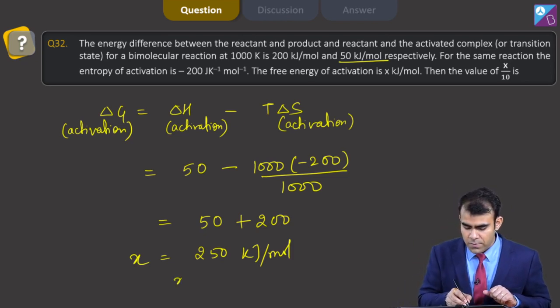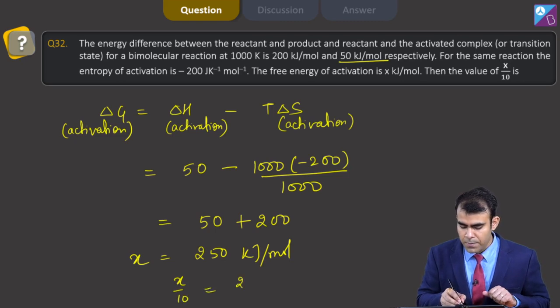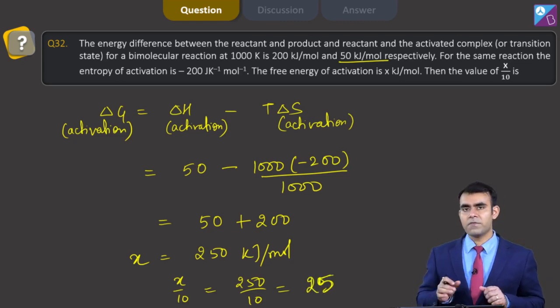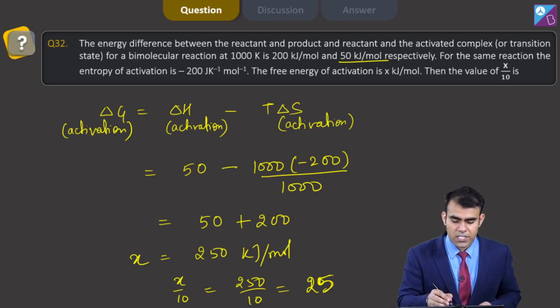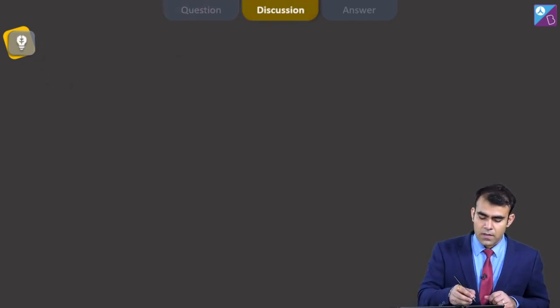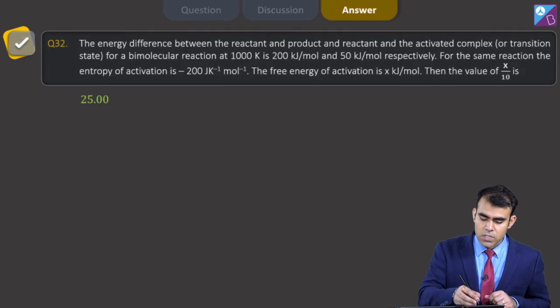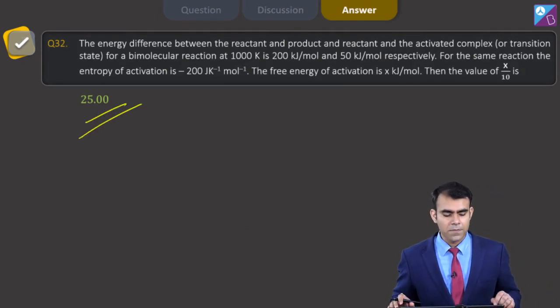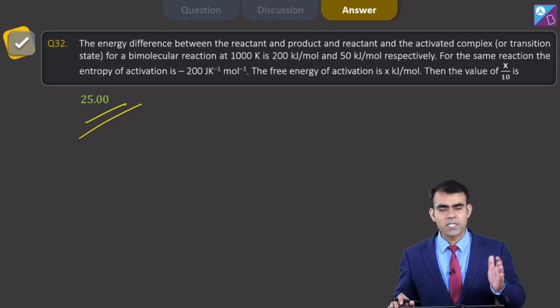So the value of x by 10 is simply 250 by 10, or it is 25. So this is 25. So the answer of this question is 25.00. So my next question is question number 33.